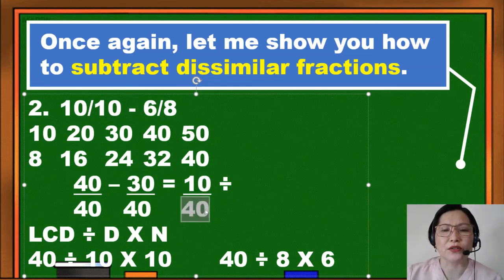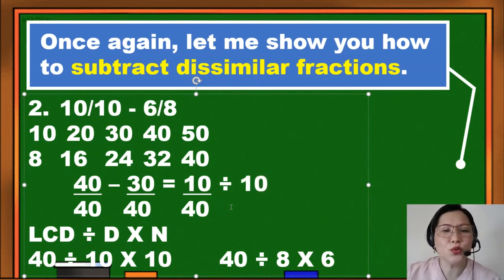How about the factors of 40? 40 times 1, 20 times 2, 8 times 5, and 10 times 4. So what do you think is the greatest common factor? Yes, the greatest common factor is 10.